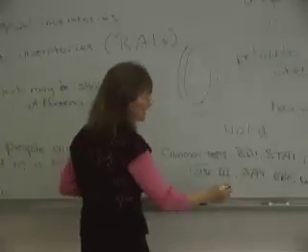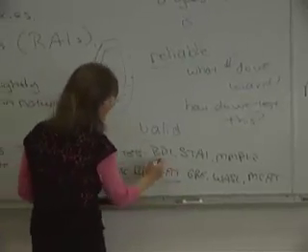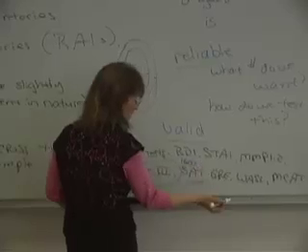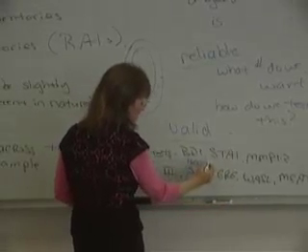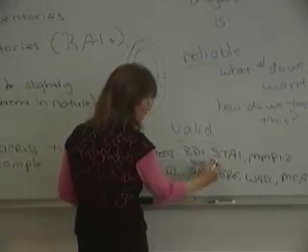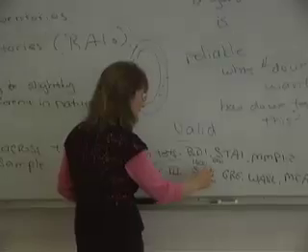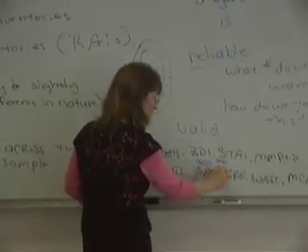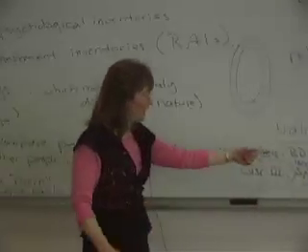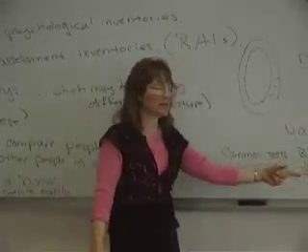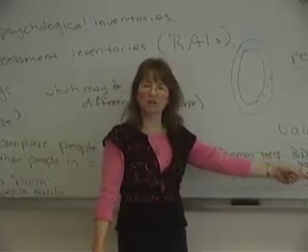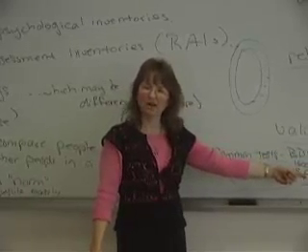If I take the SAT and the possible top score is a 1600, and today I get a score of a 1200, and I take it again with a week in between and I get a score of a 1600, unless I studied really, really hard, that's a very unstable score.